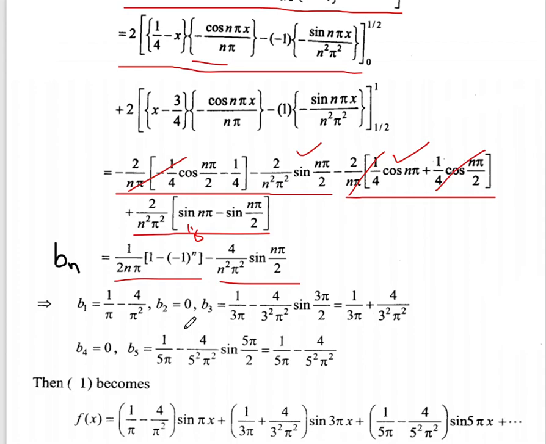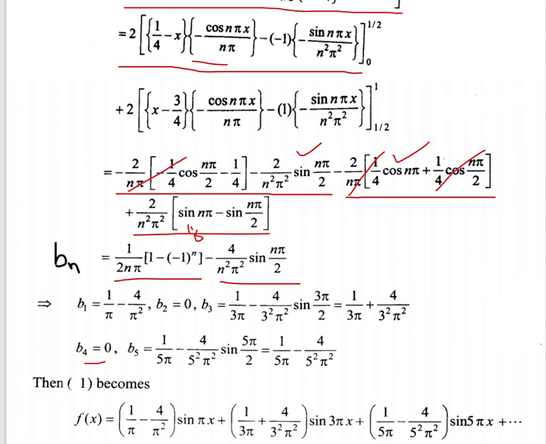If n is even, the bn term will become 0, so b2 equals 0. b3 is 1 upon 3 pi minus 4 upon 3 square pi square sin 3 pi by 2, so that is 1 upon 3 pi plus 4 upon 3 square pi square, since sin 3 pi by 2 means minus 1. b4 will be 0 and b5 will be 1 upon 5 pi minus 4 upon 5 square pi square. In this way we can find the values of b1, b2, b3, b4, b5 and so on.